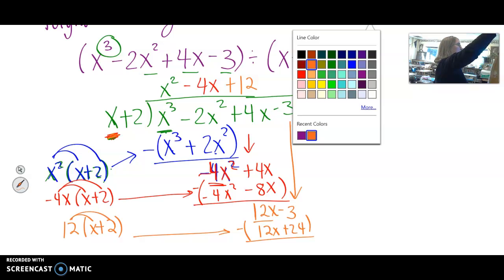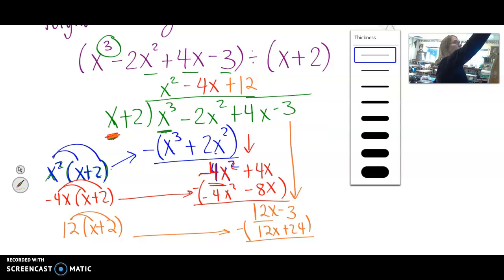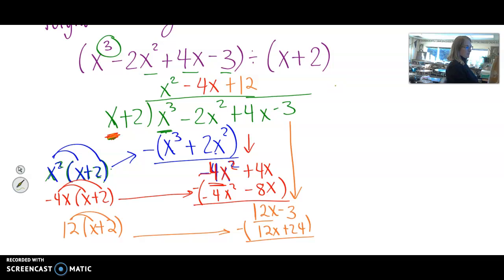And we end up with negative 3 minus 24, because you're subtracting it, is going to be negative 27, and 12x minus 12x is 0. And so we have negative 27, we have nothing else to bring down, and x doesn't go into negative 27, so this right here is our remainder.